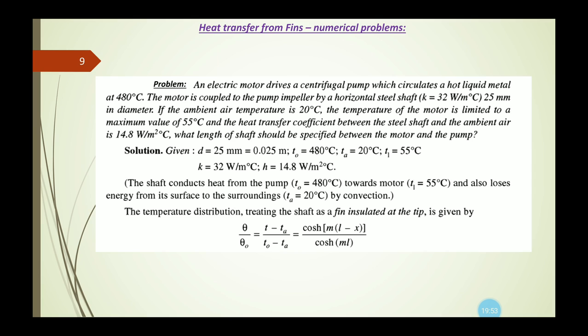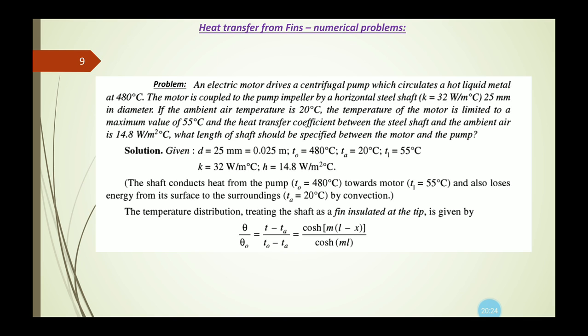Let us discuss the last numerical here for this fin heat transfer. An electric motor drives a centrifugal pump which circulates a hot liquid metal at 480 degrees centigrade. The motor is coupled to the pump impeller by a horizontal steel shaft of 25 mm in diameter, with thermal conductivity 32 watt per meter degree centigrade.